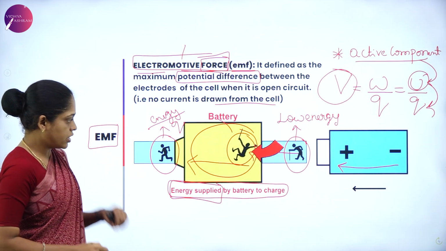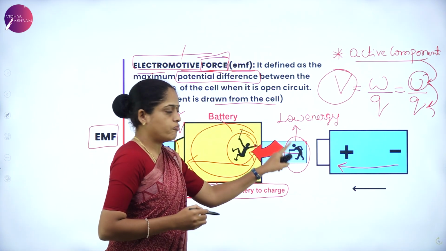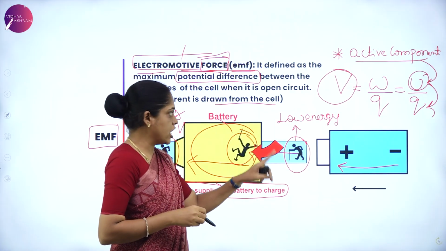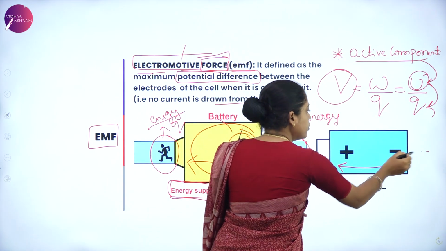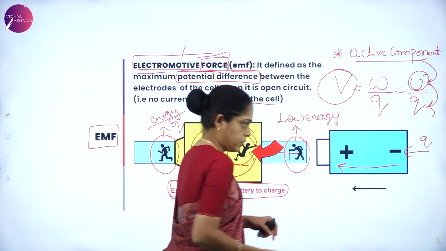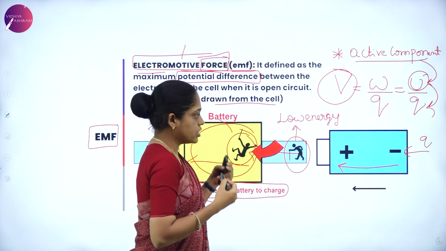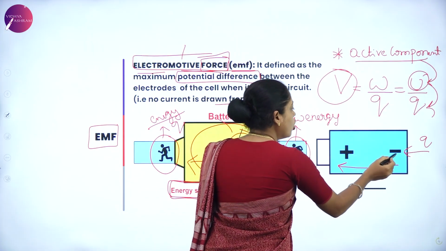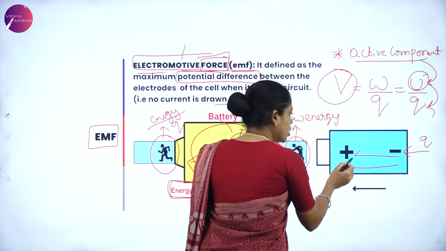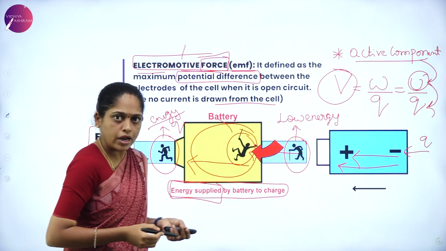Understand this once again. Instead of a person, you consider a charge, the charge with low energy at the negative terminal. When it enters into the battery, that charge is pulled or moved from the negative terminal to the positive terminal.